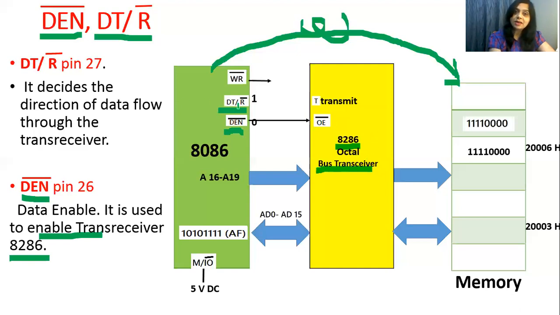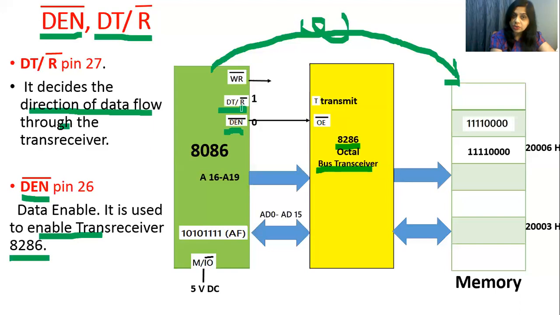Then what is the data transmit slash receive bar pin? It decides the direction of data flow through the transceiver. If 8086 is reading the memory, that means it is receiving the data, then this should be at 0, because receive is active low.